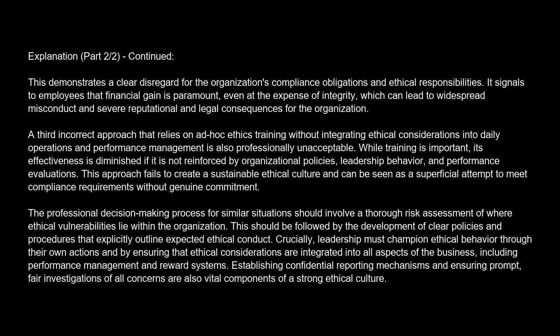The professional decision-making process for similar situations should involve a thorough risk assessment of where ethical vulnerabilities lie within the organization. This should be followed by the development of clear policies and procedures that explicitly outline expected ethical conduct. Crucially, leadership must champion ethical behavior through their own actions and by ensuring that ethical considerations are integrated into all aspects of the business, including performance management and reward systems.